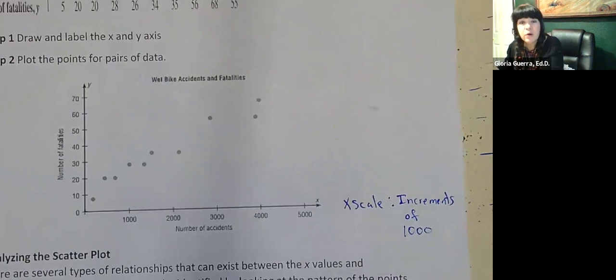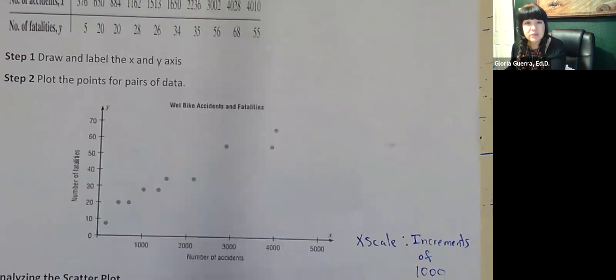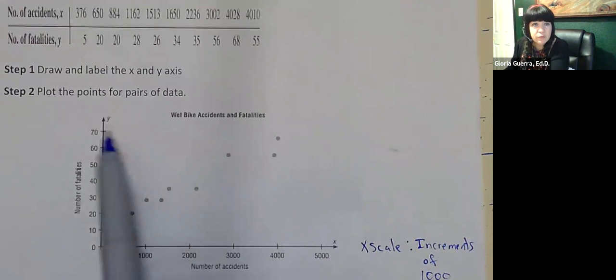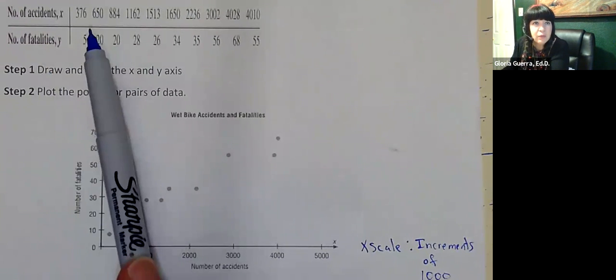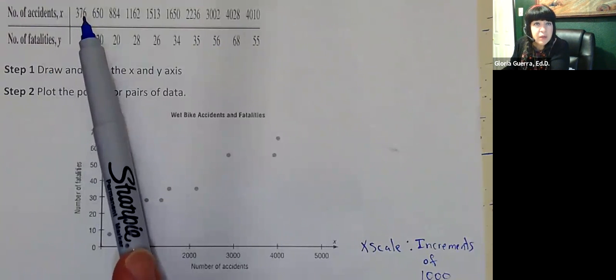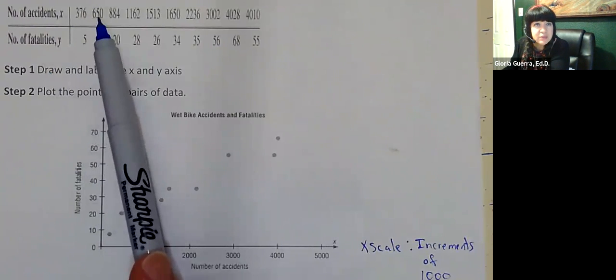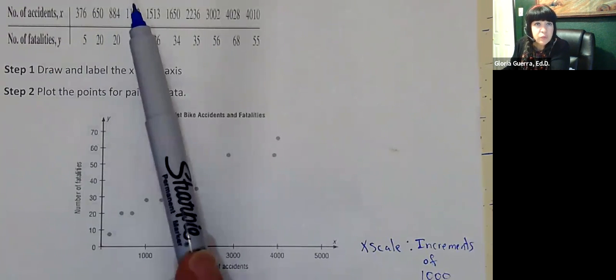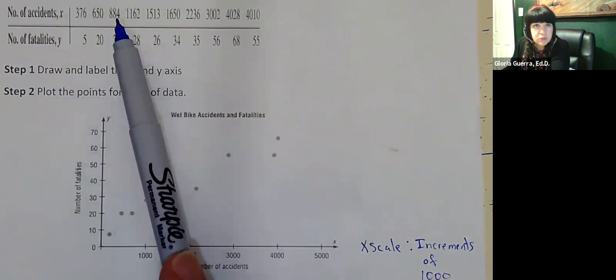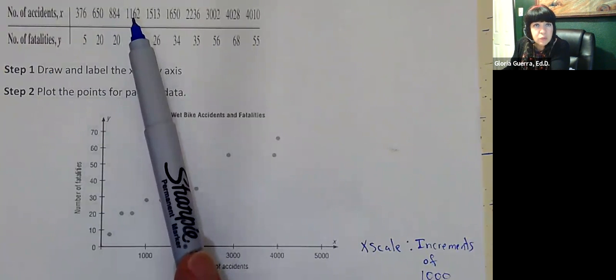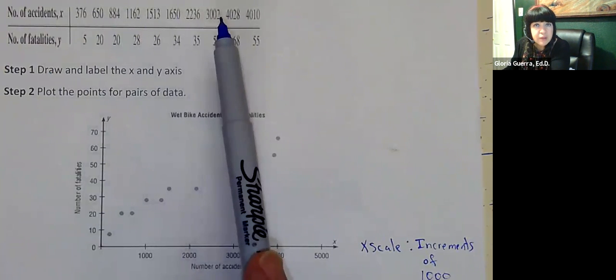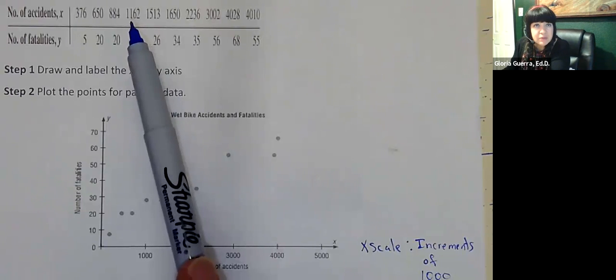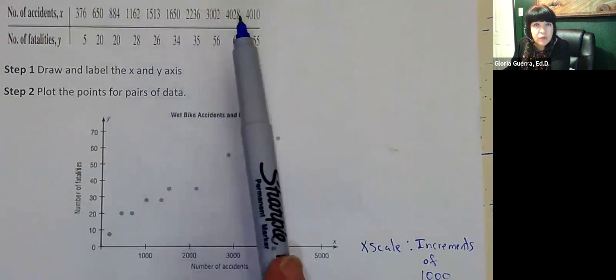Part of the reason they use 1,000 is that our data values were fairly large. With the exception of these, 376 and 650, which are under 1,000, and 884, which is closer to 1,000 than to 0, look at all these others: 1, 2, 3, 4, 5, 6, 7. Out of the 10, the majority of them are over 1,000.